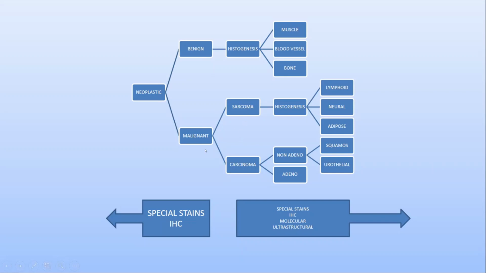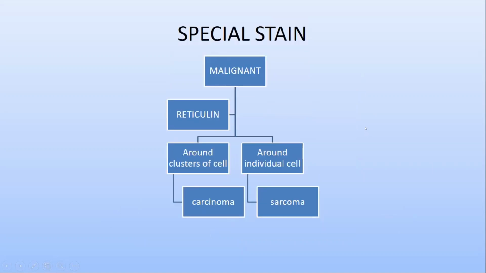We have special immunohistochemical staining which can separate them, whether they are positive for sarcoma antigen or epithelial antigen. Once we decide, we can pinpoint their origin.